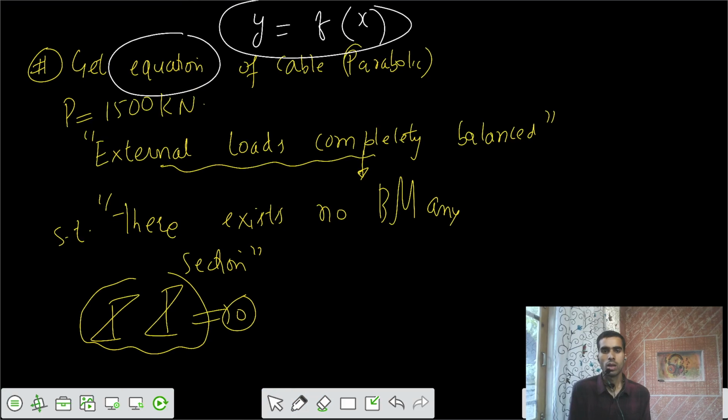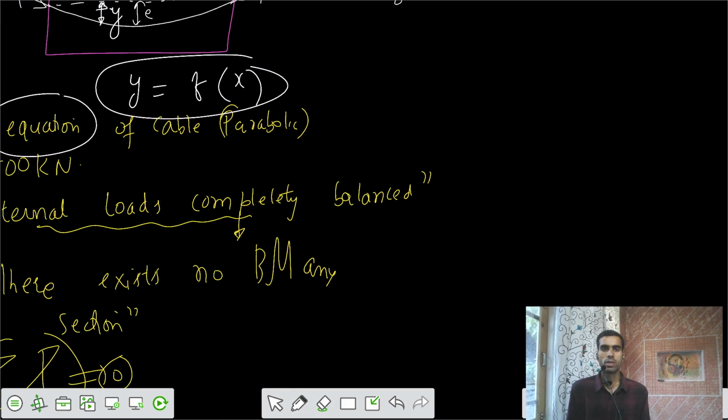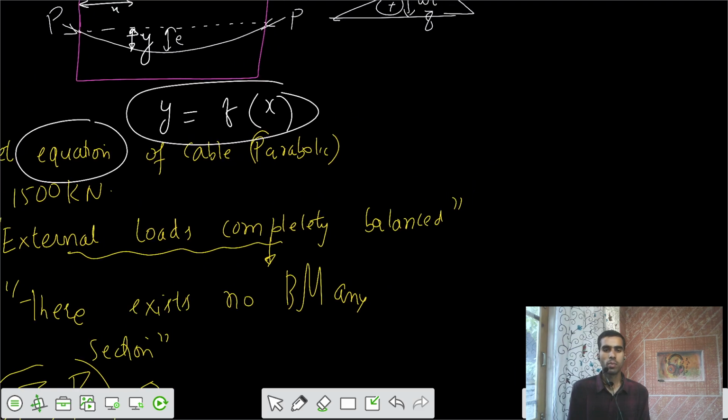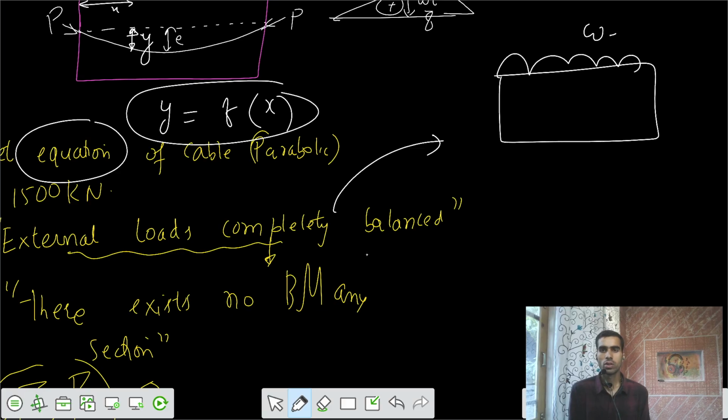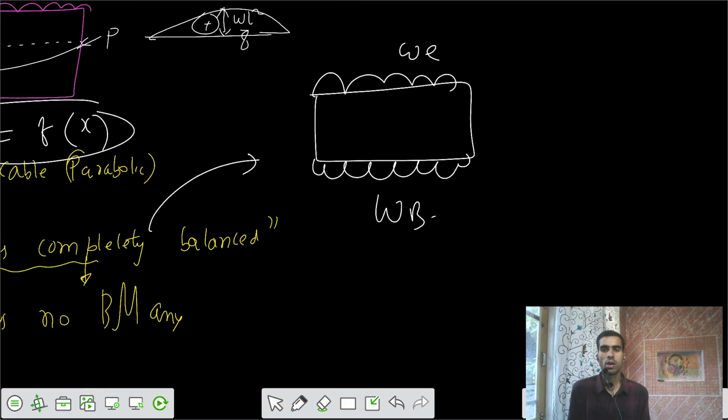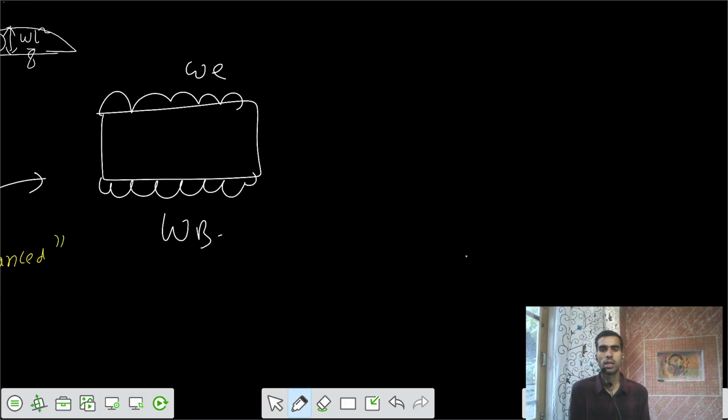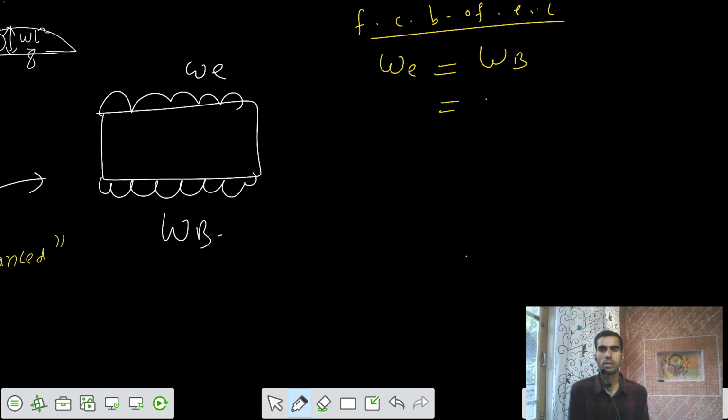Now from this statement of complete balancing, that means your external loads should be balanced by a balancing UDL. So for complete balance, your external UDL should be equal to the balancing UDL. We know that the balancing UDL is equal to 8P h cos theta by L square.